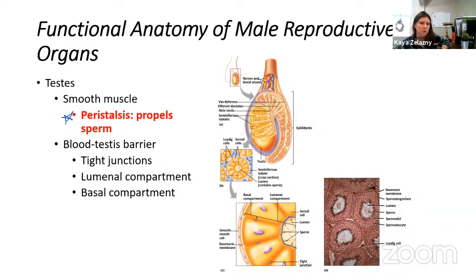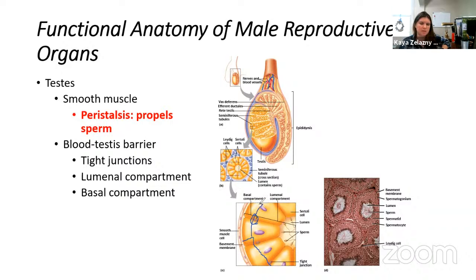Another thing we want to be aware of as we're looking at the seminiferous tubules is that there's this thing called the blood-testis barrier. We can think about this like we thought about the blood-brain barrier. There's a really tight separation because of tight junctions between the external part of this tube, the basal compartment, which would be the part nearest blood flow.